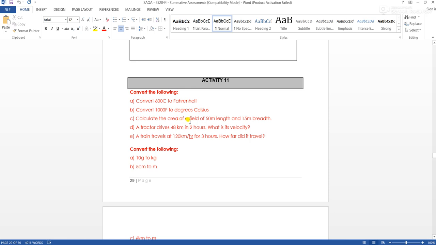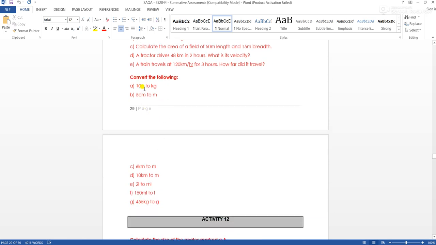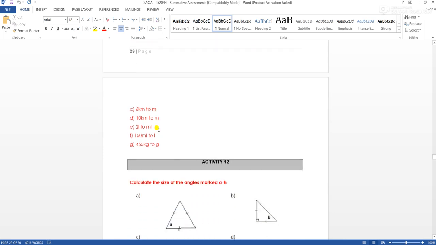You need to calculate the area of the field of 50 meters length and 50 meters breadth. A tractor drives 48 kilometers in 2 hours. What is the velocity? A train travels at 120 kilometers per hour for 3 hours. How far did it travel? I need to convert 10 kg to kg, 5 centimeters to meters, and so forth.